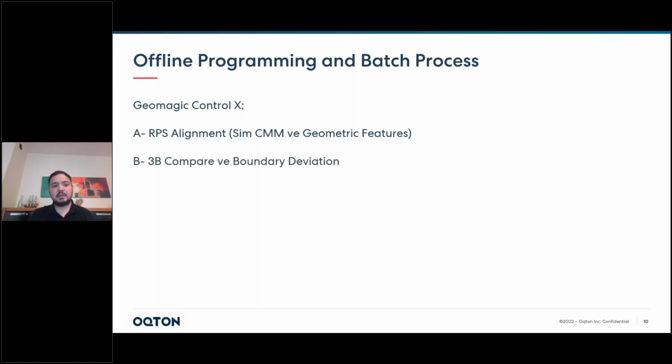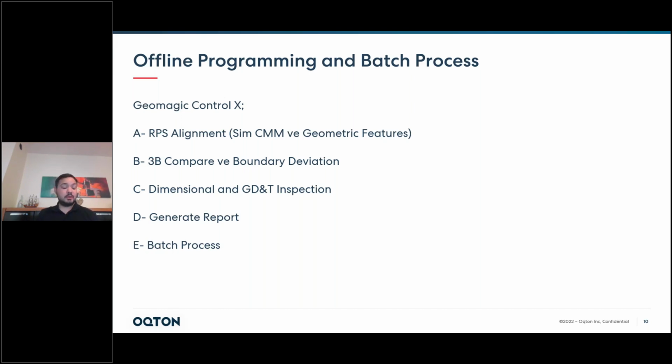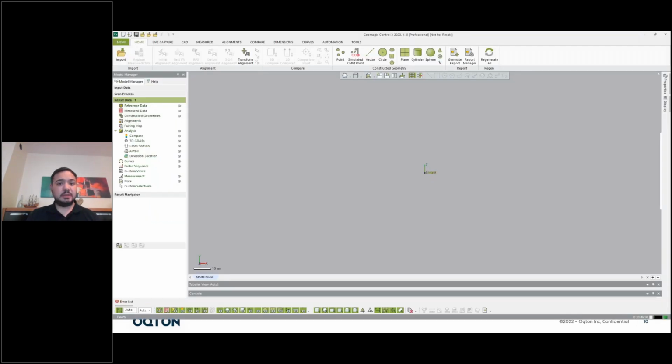Then we're going to inspect the 3D compare and the boundary deviation. We check the dimensional and GD&T positions of the holes and generate forms. After that, we're going to do a for each process. Also, we're going to do offline programming and use for each to create an automatic workflow for our parts. Let's get back to Control X to show how we can do that.